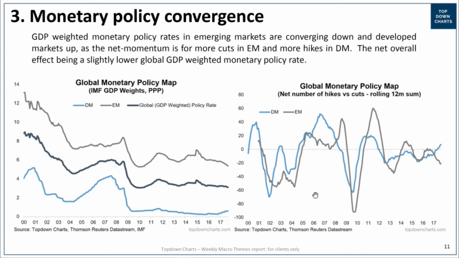And that's also an important point worth hammering home, because more easing in emerging markets, should that lead to better economic performance at a global level, is going to lead to a stronger and more resilient cycle.